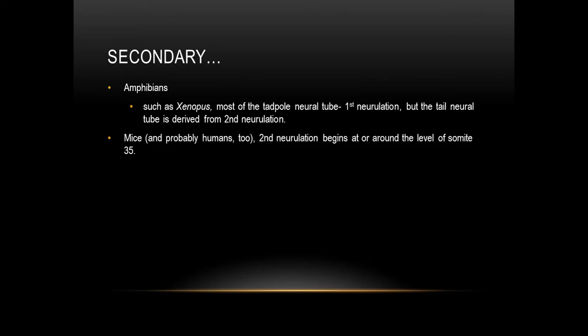For mice and humans, primary neurulation and secondary neurulation take place. Secondary neurulation begins at the level of somite pair number 35. So somite pair 36, and then caudal, and more caudal, probably is produced by secondary neurulation.